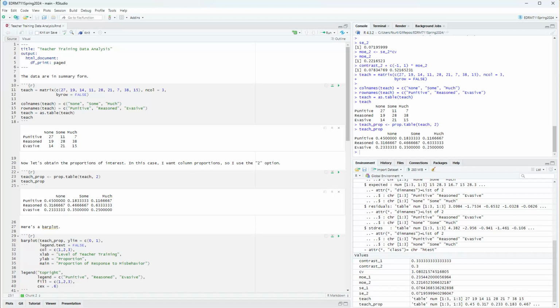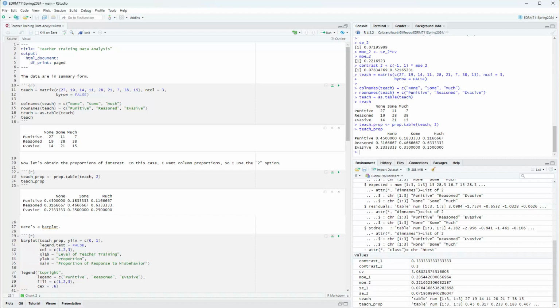But the omnibus hypothesis, because it's omnibus, is asking the question, is the proportion of punitive the same? Is the proportion of reasoned the same? And is the proportion of evasive the same? It's asking about all 3 of those possible responses if they're the same across all 3 levels of the explanatory categorical variable.